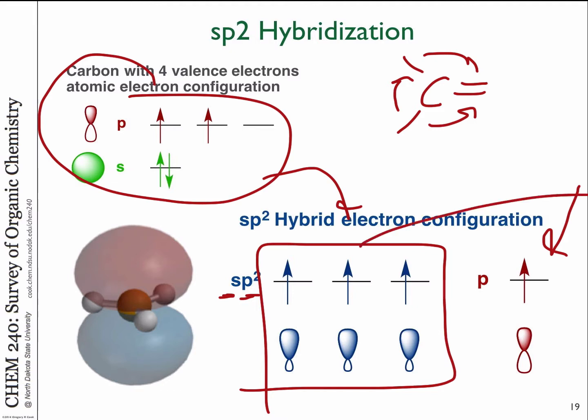So here's a picture of what that carbon would look like in that kind of orientation. So here's the p orbital in this direction. The rest of the 3 bonds that are 120 degrees apart each comprise one hybrid sp2 orbital. Does that make sense?